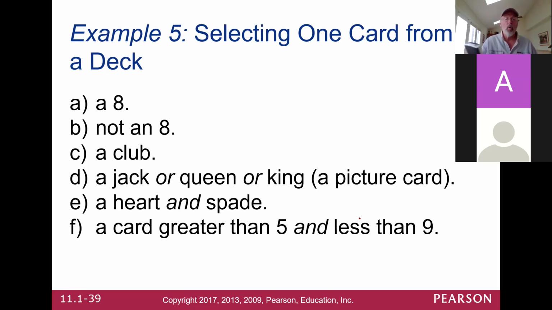mark, and your answer is correct. But there's another way that we can think about this, right? We know that the probability of picking all of the cards is going to be 1, right? And now we can say 1 minus the answer that we got here for the 8.